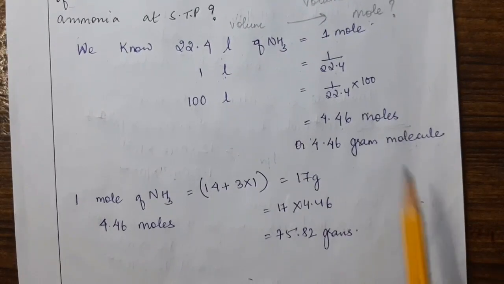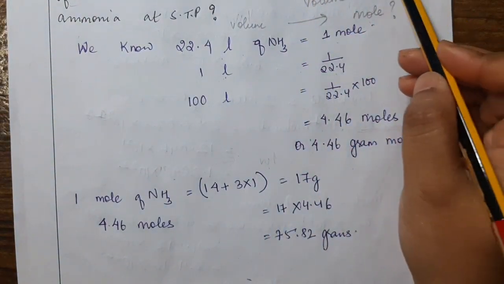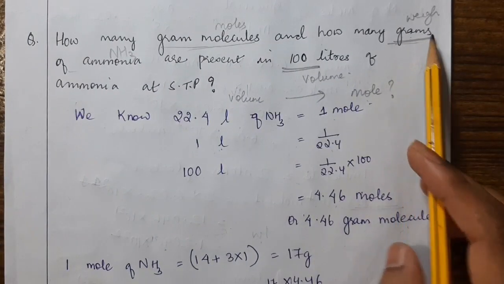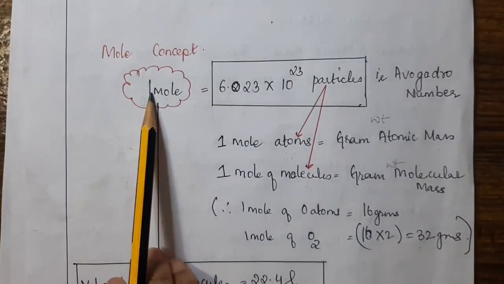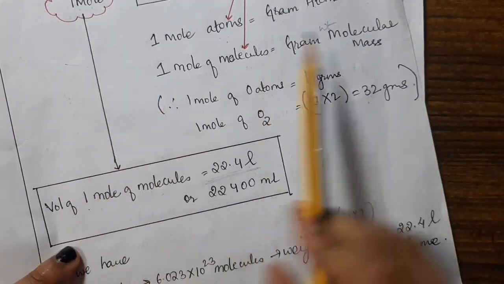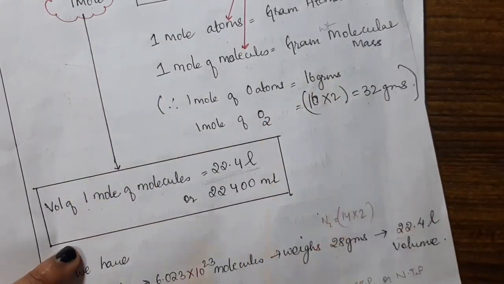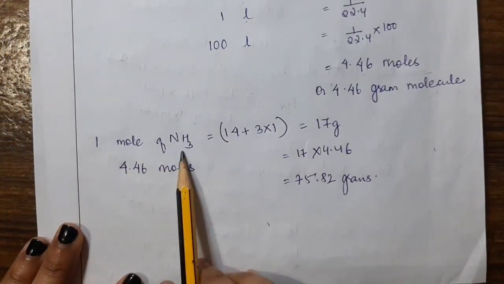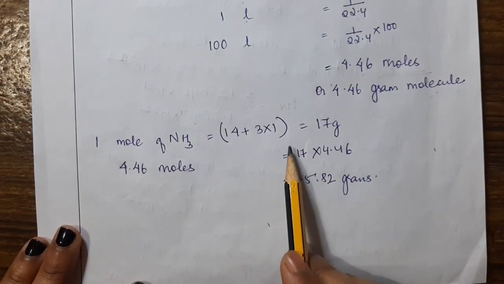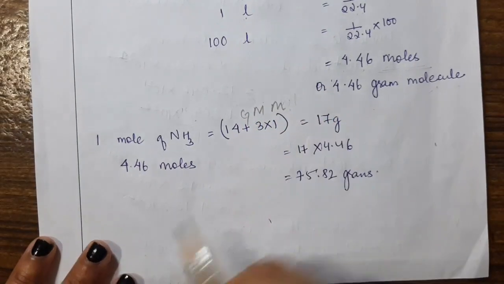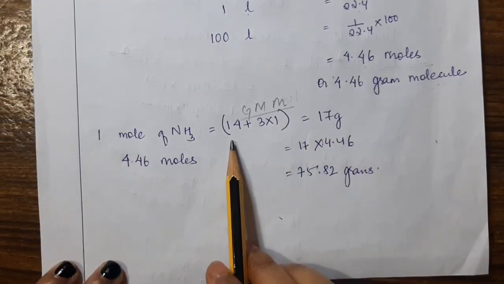Now next, we have the number of moles, and we have to find out the weight. You know very well the moles and weight relation. Here it is molecules, so 1 mole would be the gram molecular mass. So 1 mole of ammonia equals the gram molecular mass.